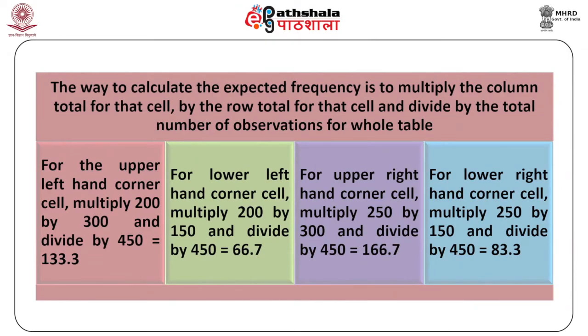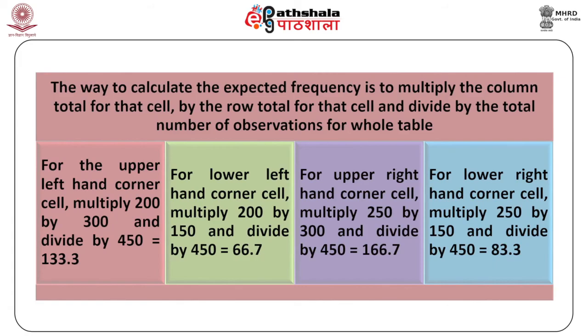The way to calculate the expected frequency is to multiply the column total for that cell by the row total for that cell and divide by the total number of observations for the whole table. For the upper left hand corner cell, multiply 200 by 300 and divide by 450, we get 133.3. For the lower left hand corner cell, multiply 200 by 150 and divide by 450, we get 66.7.